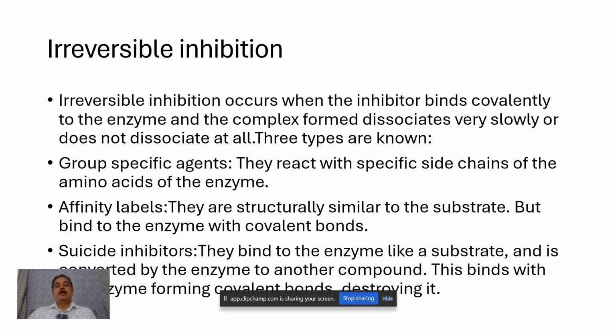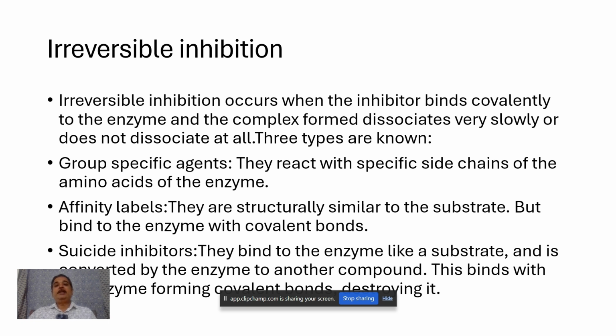So these are inhibiting compounds which react with the specific side chains on the enzyme with a covalent bond. Once formed, they won't dissociate, and the enzyme will be permanently destroyed. So that's the term irreversible inhibition. It cannot be reversed easily.